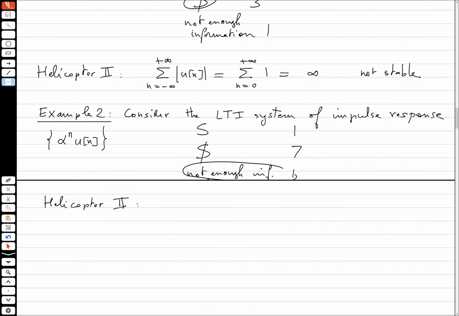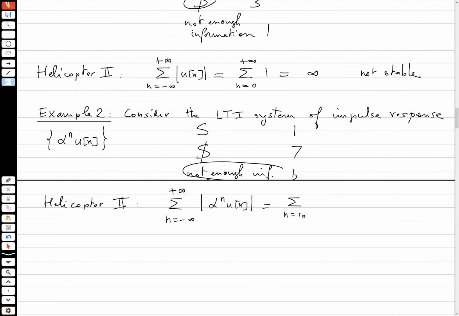All right, so helicopter 2, it says you want to calculate the sum of this guy. Okay? This is the impulse response. So this is equal to, do I need to perform the summation from minus infinity?